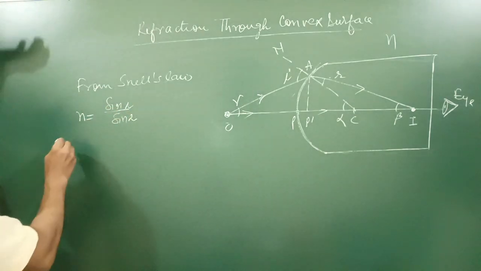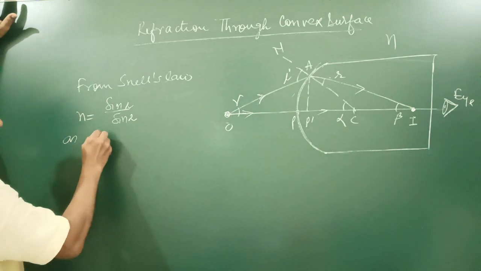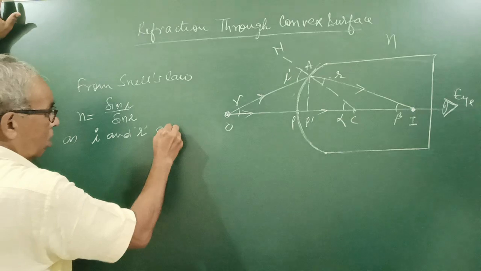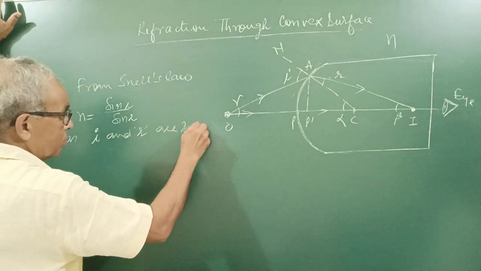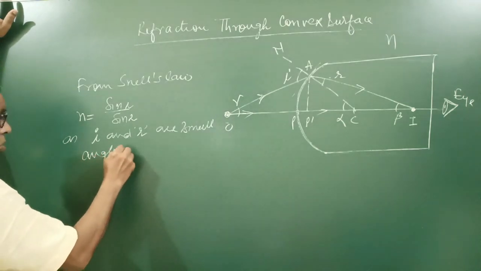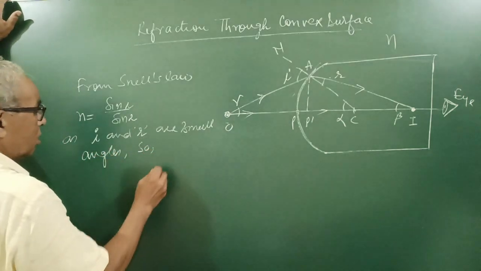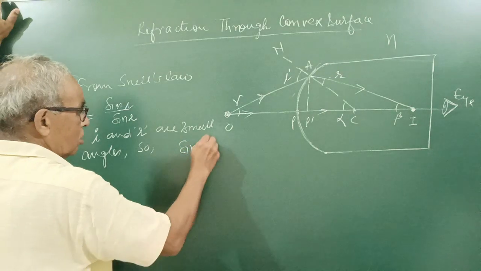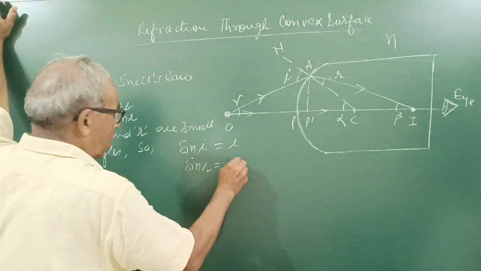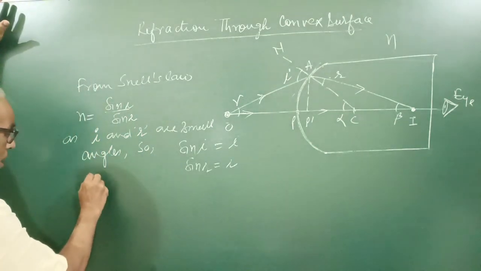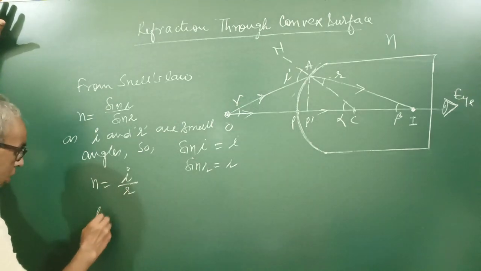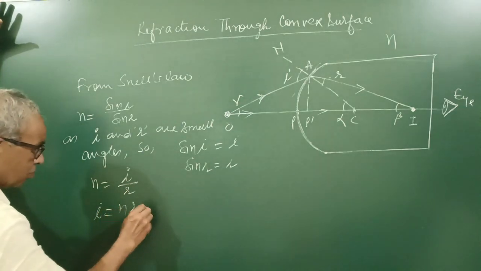But here, as i and r are small angles, sin i equals i, sin r equals r, and hence n equals i upon r, or i equals nr.